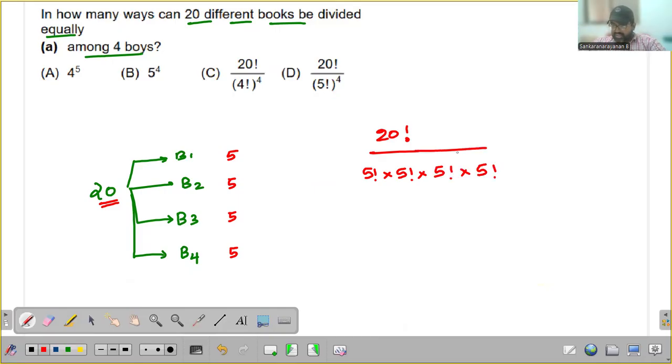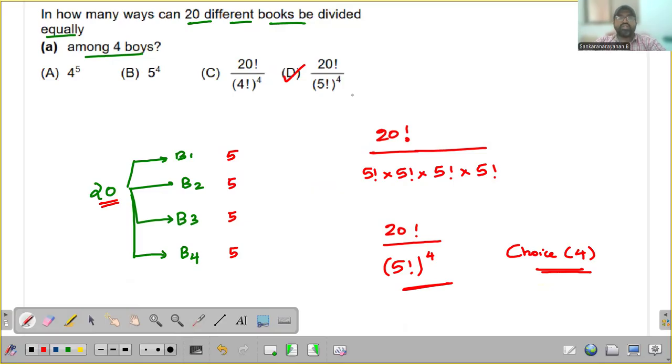So as far as this question is concerned, it is 20 factorial upon 5 factorial, the whole power 4. Looking at the options here, option D reads what I have identified. So for this question, choice number 4, choice D, that is going to be my answer. Okay. Now, let us consider the next question.